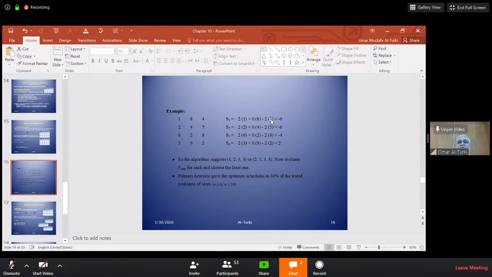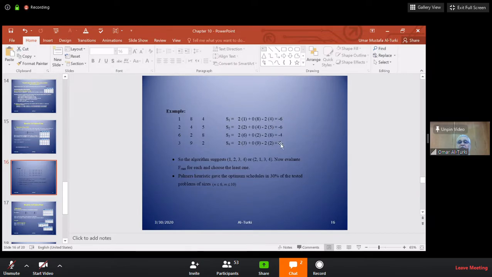That is 1 multiplied by 2 and 4 multiplied by minus 2. Sum them up, that gives you minus 6. For S2, we multiply this by 2 and that by minus 2, and the middle one is 0. For S3 and S4, you do the same and sum them up.